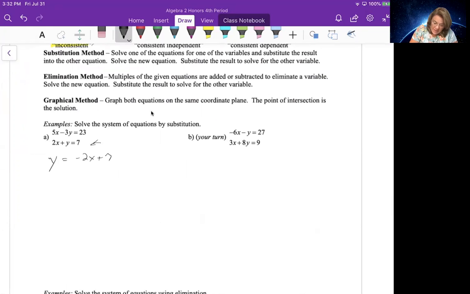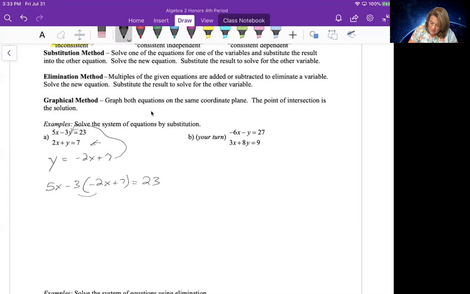Now that I have that, I am going to substitute it for the y in the second equation. So I will take 5x minus 3 times y, but now substitute in for y negative 2x plus 7, equals 23, and then I will solve for x.